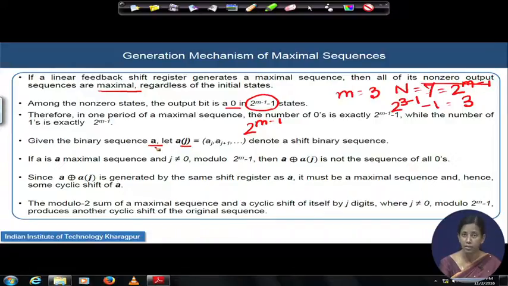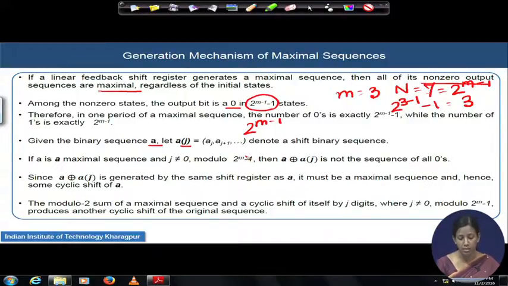So A is generated by a linear feedback shift register, A is a binary ML sequence, and we generate another sequence AJ by giving a shift of j to A. The shift is such that j is not equal to 0 modulo 2 to the power m minus 1.